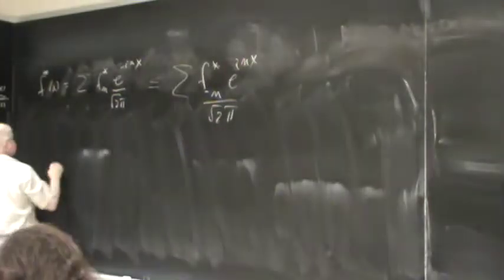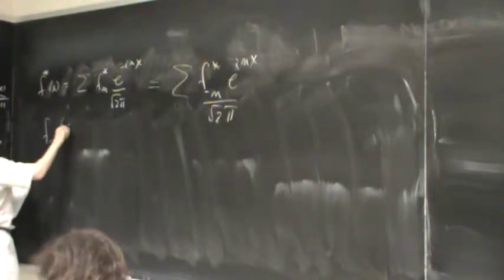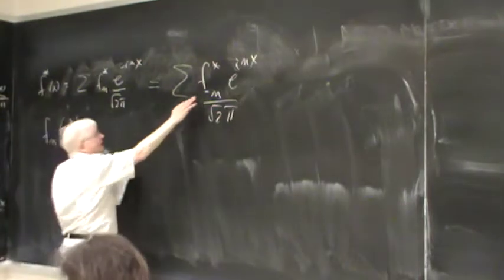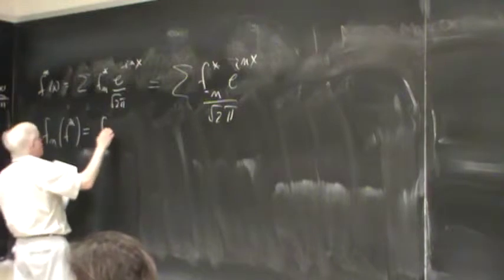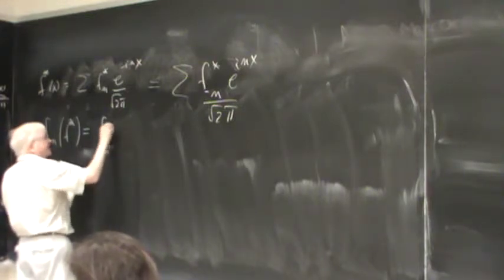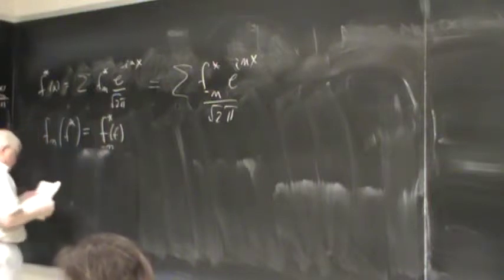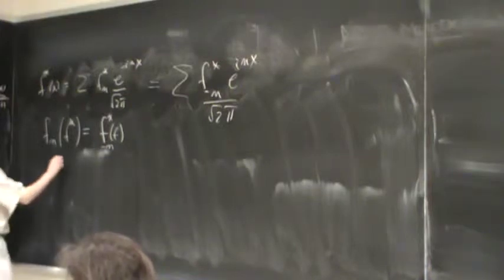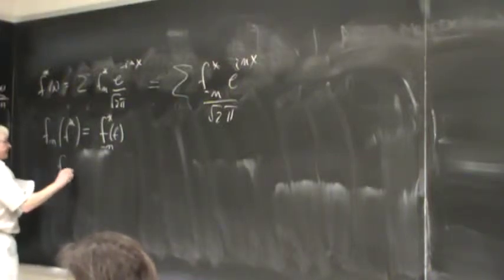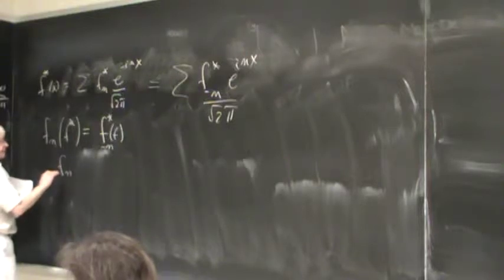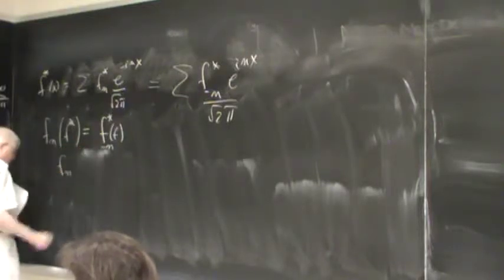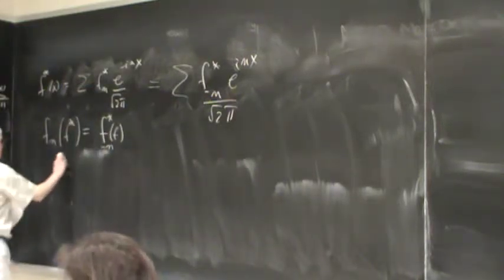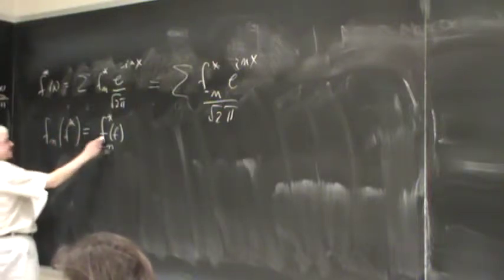So what we can say is that the coefficients f sub n of the function f star are the coefficients f sub minus n of the function f complex conjugated. But if the function is real, then f star and f are the same.